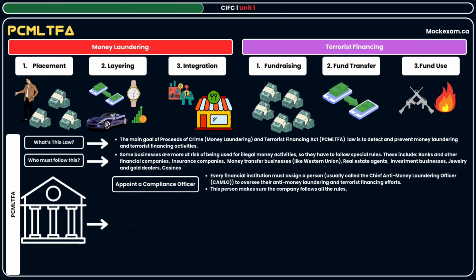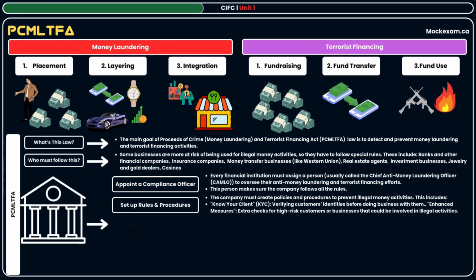Now, those financial institutions need to also set up rules and procedures. They not only follow the PCMLTFA rules, they also need to set up their own rules and procedures. The company or the investment firm or the financial institution must create policies and procedures to prevent illegal money activities.